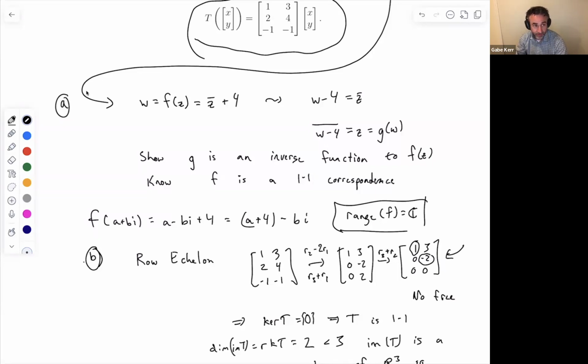That's the dimension of the kernel for multiplying by a matrix. And the column space is the dimension of the image. So if I'm asking for 1-to-1 and onto, knowing what the kernel is tells you whether it's 1-to-1 or not. Knowing what the image is will tell you whether it's onto or not.